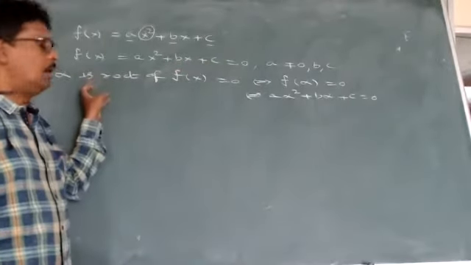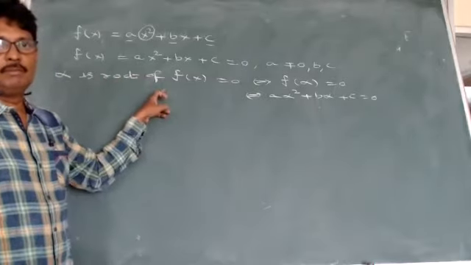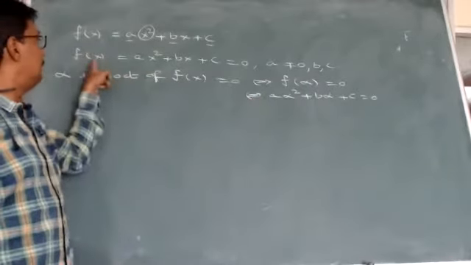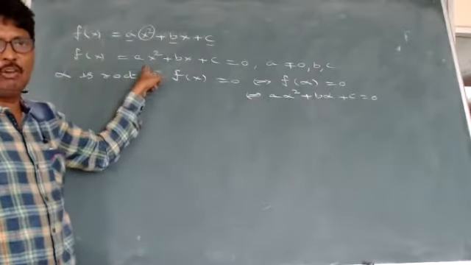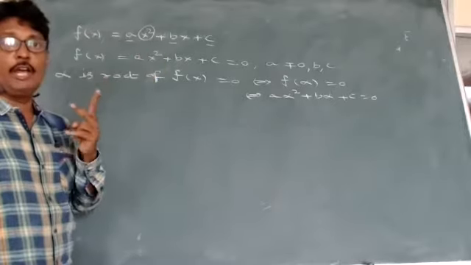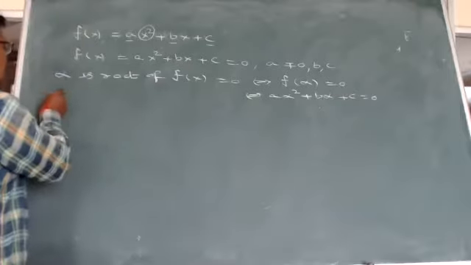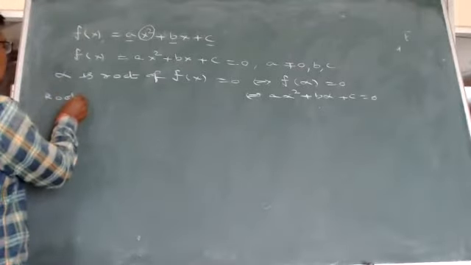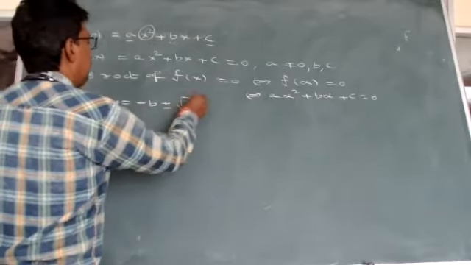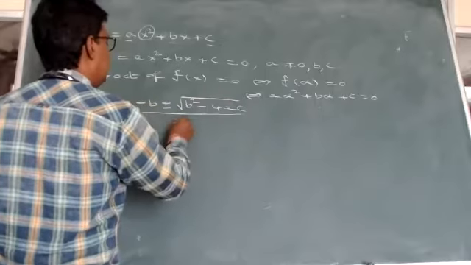Once more, alpha is the root or solution if f(alpha) is 0. That means this number should satisfy this equation, then only alpha is a root. Since it is a second degree equation, it will have at most two roots. So the roots can be calculated by using the formula x is equal to minus b plus or minus root of b square minus 4ac by 2a.